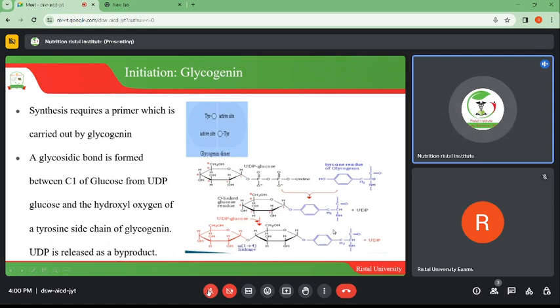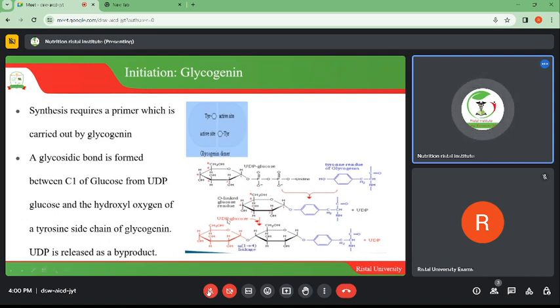Glycogenin's structure has an amino acid called tyrosine. Glycogenin is a protein. So the OH group that projects from the amino acid tyrosine is bonded to the glucose molecule, and it releases the UDP.